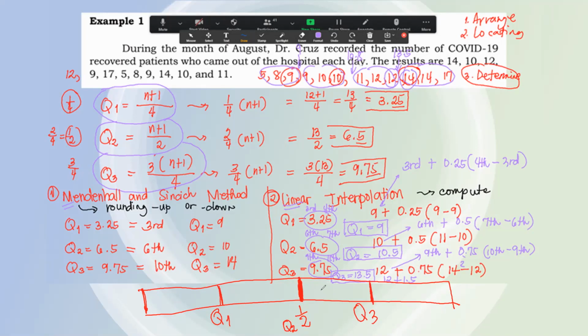So yung sinasabi kanina na halfway, baka kasi ma-misinterpret natin. Yung sinasabi kanina na halfway is kapag andito siya sa lower part, nandito siya sa lower quartile or sa left side.